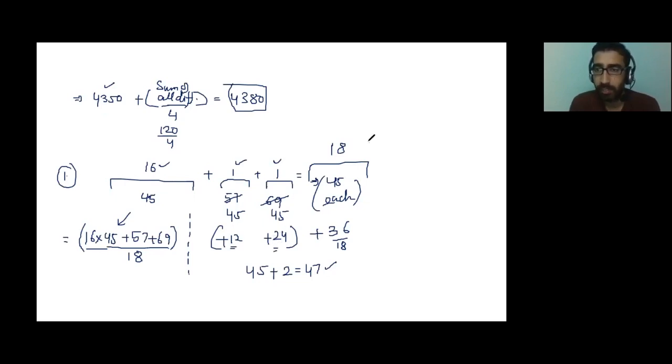So we had 18 people with 45 chocolates each, and an extra 36 chocolates to be equally divided among 18 people. That is what average is, which means an extra 2 chocolates to go along with the 45. Therefore, each person now has 47 chocolates. That must be my final answer.